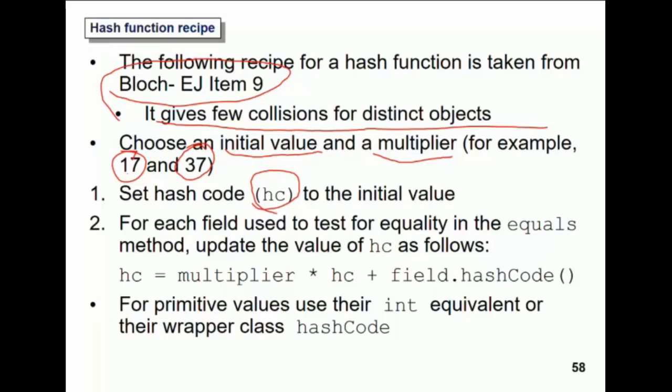And then you use the multiplier in conjunction with the parameters in order to create the final hashcode. So for each field used to test for equality in the equals method, so remember we've already overridden equals, and when you override equals, you decide which fields you want to be the same. Okay, so you must use the same set of parameters that you've used in the equals method to generate your hashcode.